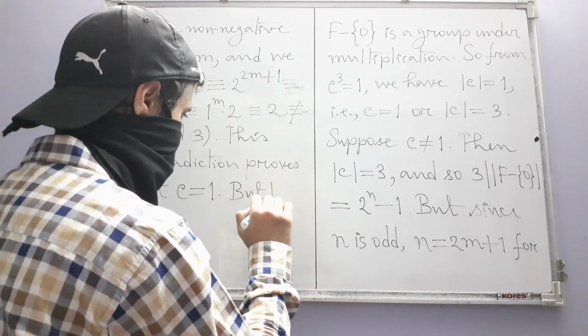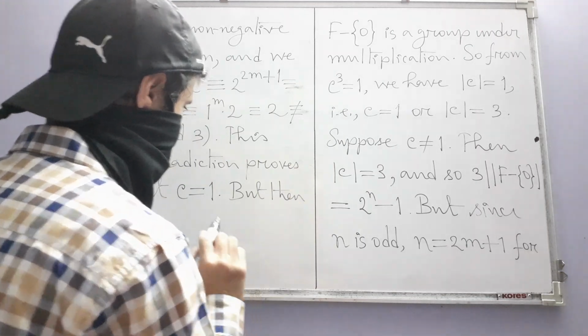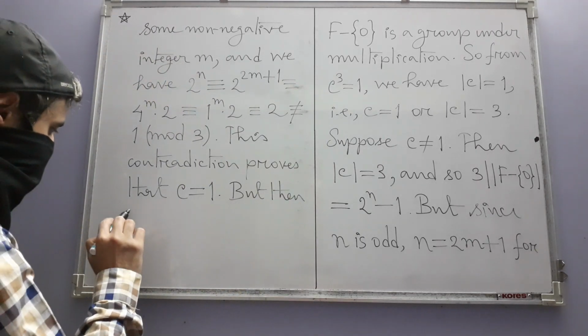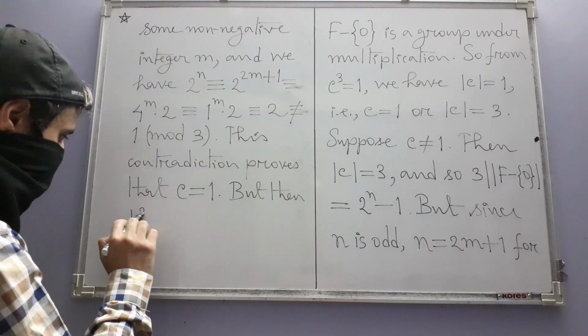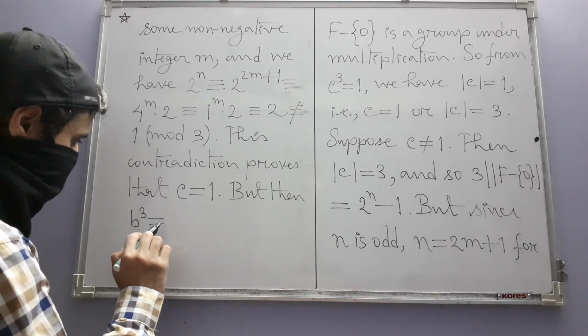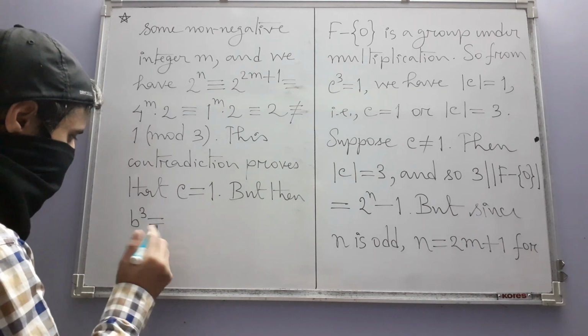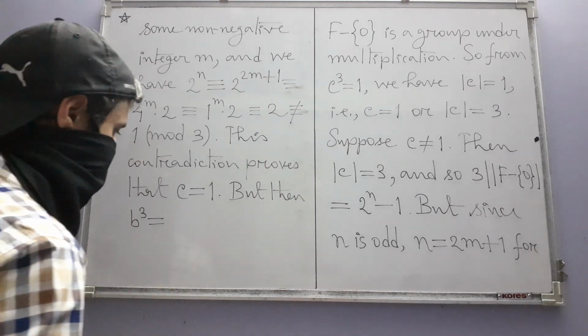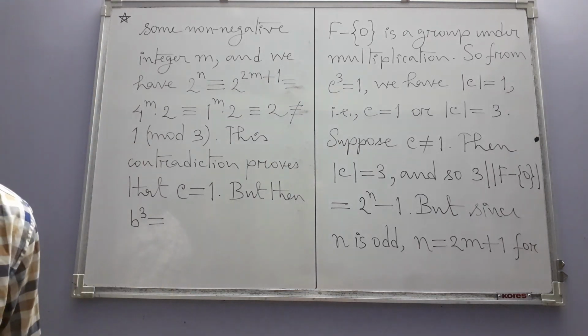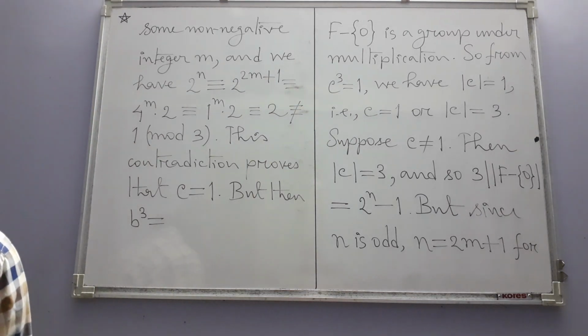But then if C is 1, then B cube must be equal to, well, previously also we had B cube equal to A cube. Oh, C is not cube, no?